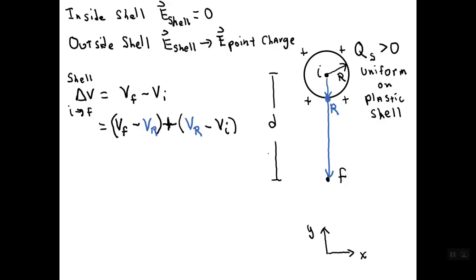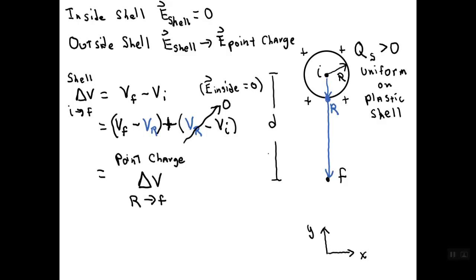Now notice that since vector E is 0 inside the shell, the potential difference inside the shell is 0. So all we need to focus on is the potential difference outside the shell, where the shell's E field looks like a point charge.